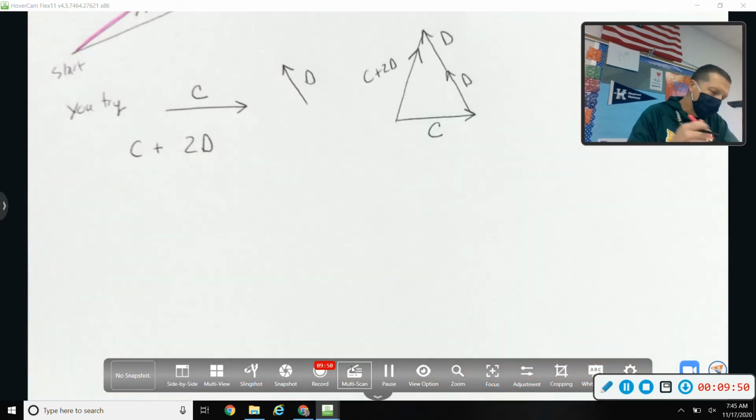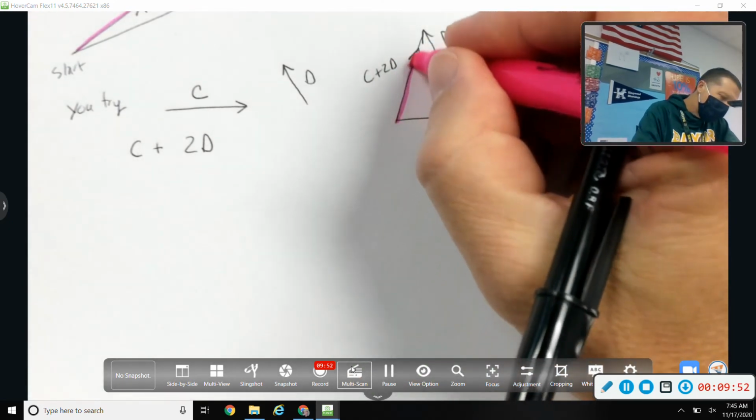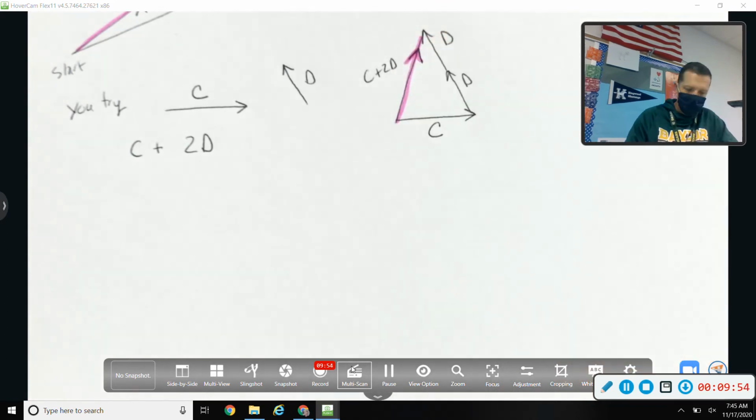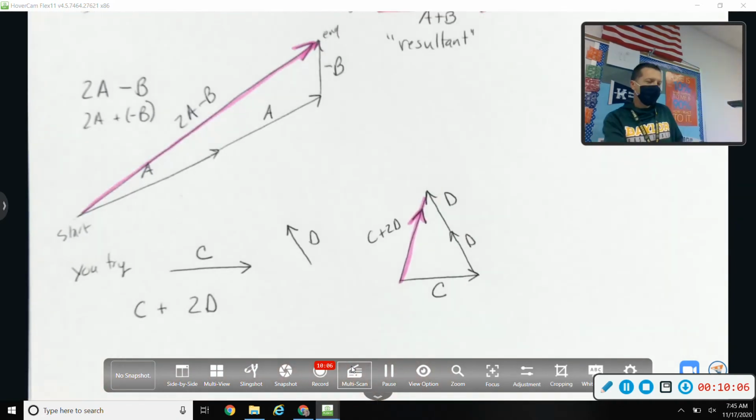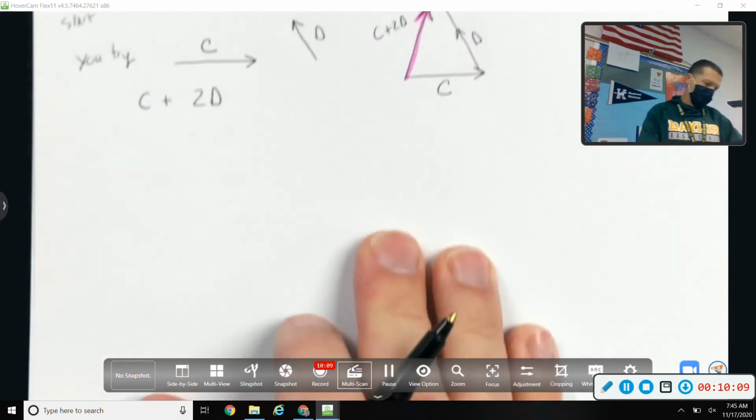So that's C plus 2D. Get it? All right, so that's adding graphically, adding the pictures.